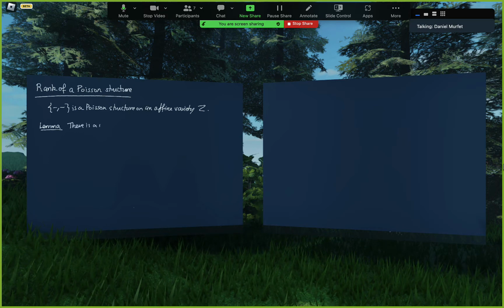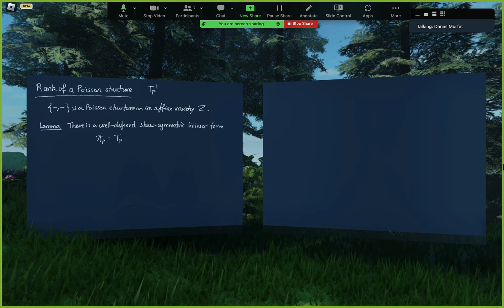So there is a well-defined skew-symmetric bilinear form, not biderivation, bilinear form. I'll write it as pi P, depending on the Poisson structure. Oh, I guess my bad from before, but the Zariski cotangent space, I think I didn't give a name to it, but it's this.